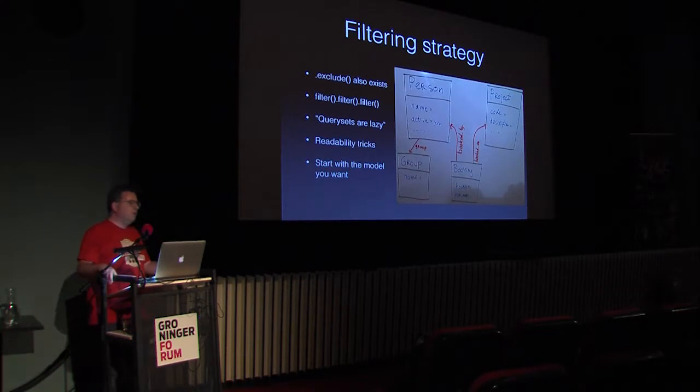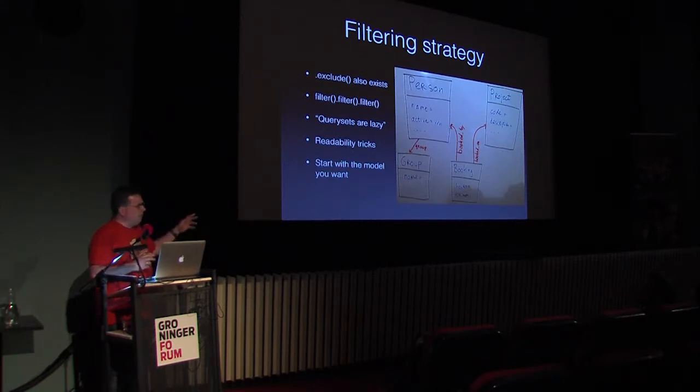Yeah, and a good tip, you don't need it all the time, but start with the model that you want. If in the end you want a list of persons that booked something for a certain group in a project, don't start, okay, let's first grab the projects and then work our way up in that single query, but now you want persons.